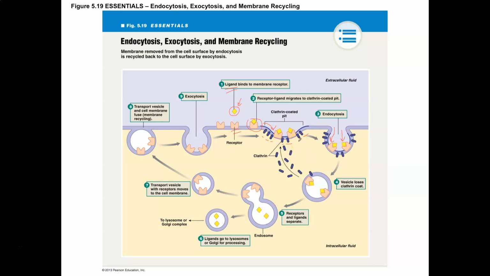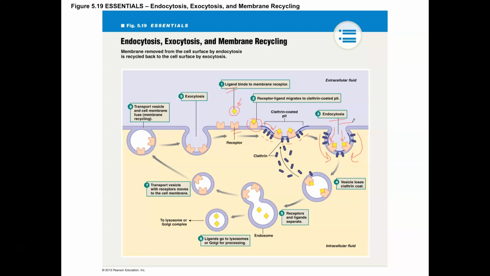So ligands are going to bind receptors, and then the receptor and the ligand are going to move to the clathrin-coated pit area of the plasma membrane. Then the membrane is going to start to pinch inwards. And so we see here this pinching in of the plasma membrane. And that is what we refer to as endocytosis, bringing something into the cell.